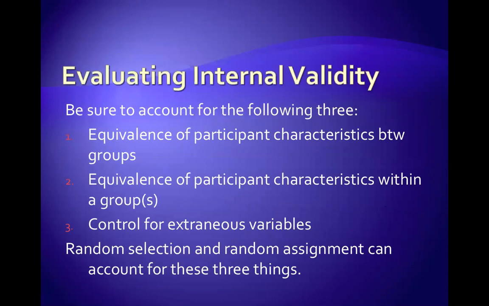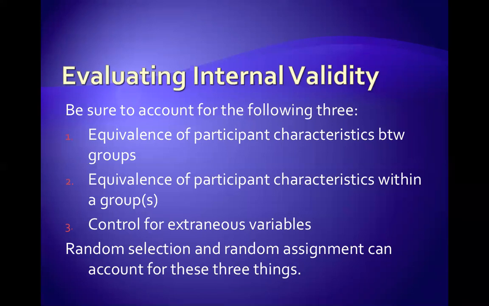So in a sense, when evaluating internal validity or trying to control for internal validity in a study, there's 3 things that we can account for or try to pay attention to. The first one is the equivalence of participant characteristics between groups. Now, if you're running a comparison study where you have group A, group B, or group A, B, and C, you want to make sure that the participants' characteristics between the 3 groups are as similar as possible.